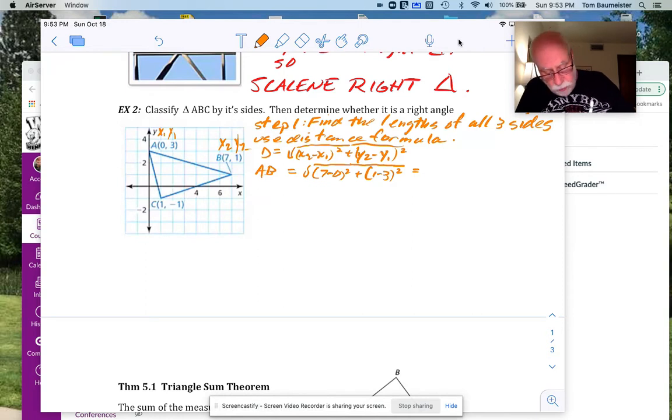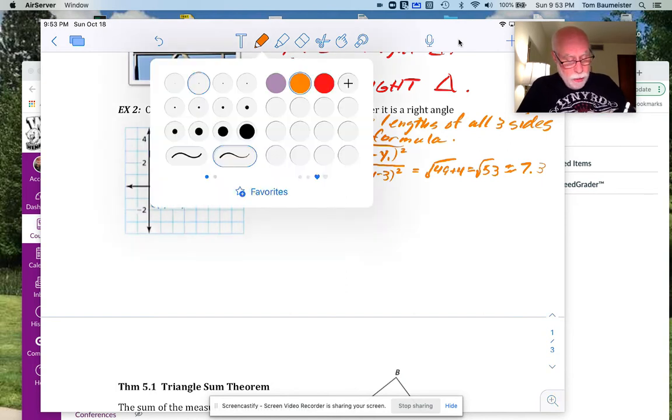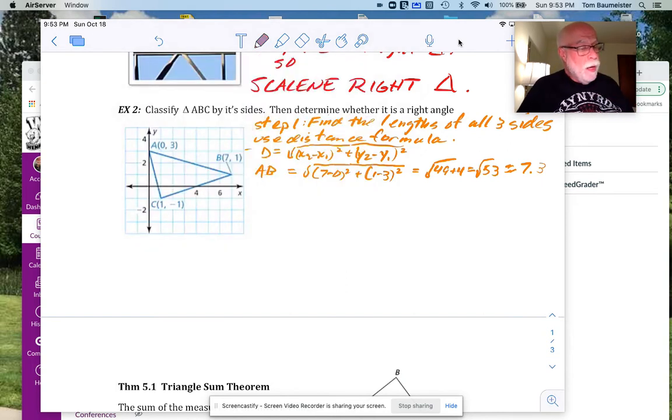Negative 2 squared is 4, so we'll get the square root of 49 plus 4, which is the square root of 53. If we're just looking at the length of the sides, I would say you could leave it right there, but the book went ahead and went to the nearest tenth, so it would be 7.3. All right, now let's do AC.